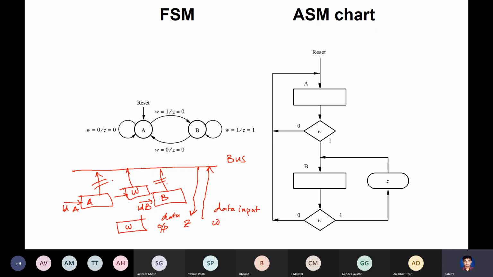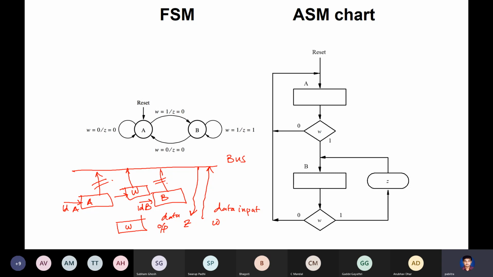No, so what I'm trying to say is that the flip-flop which controls you moving from state A to state B would be part of your control path design. That's the point I want to drive in. So data path will consist of only the parts which store some values and do an arithmetical or logical operation on these values. That's all.